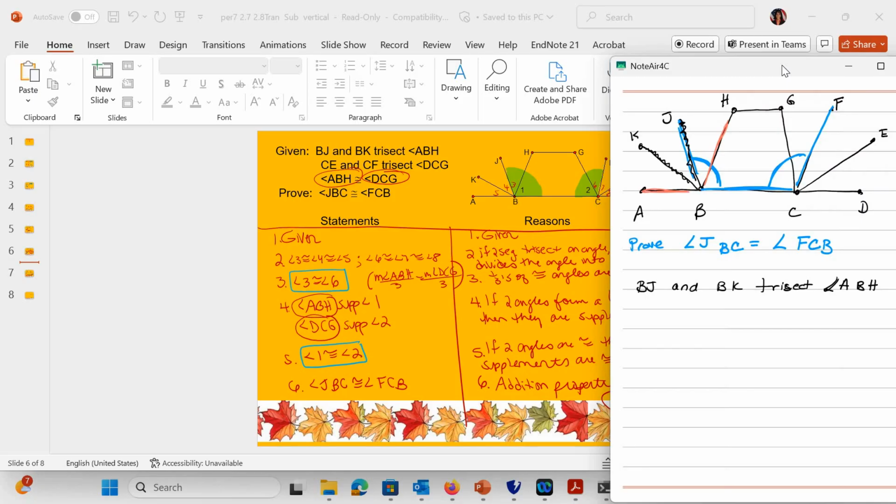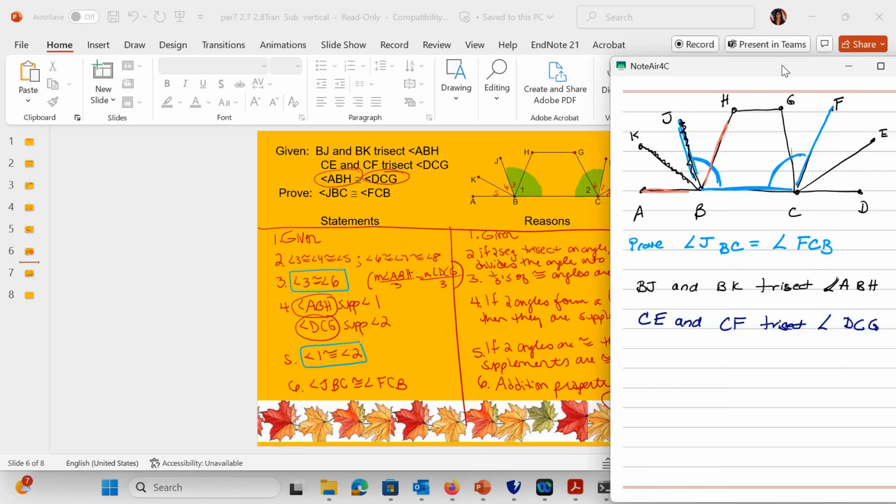The second thing that's given is that CE and CF trisect angle DCG. Angle DCG is this one right here.